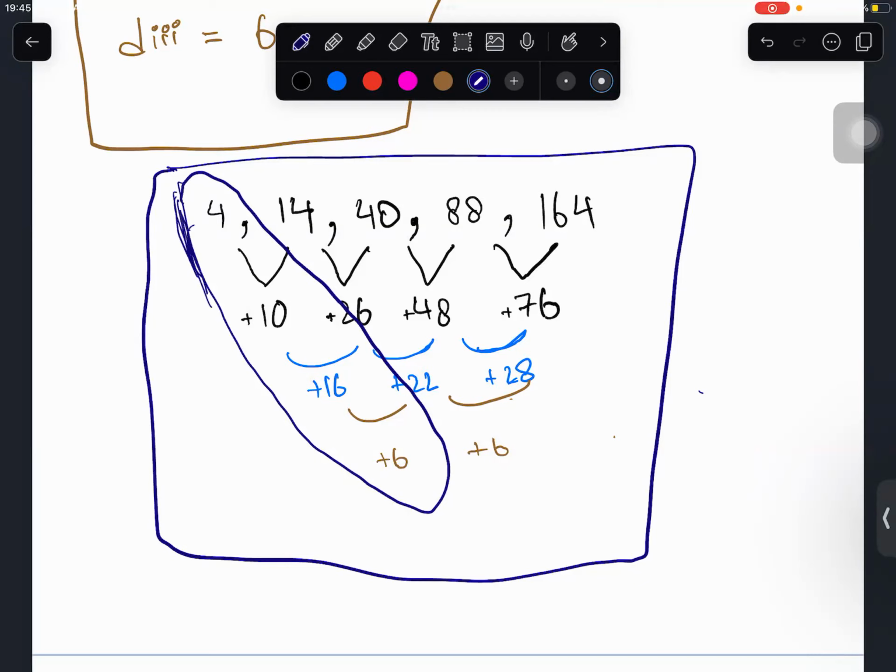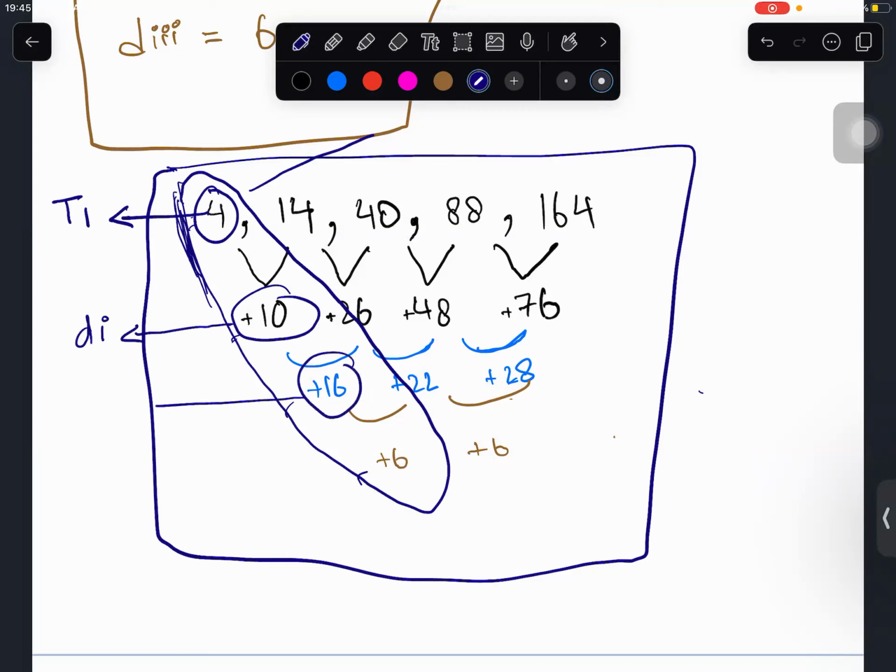You need to focus on this 4, this plus 10, this plus 16, and this plus 6. Now, this 4 is your D1. This plus 10 is D1. This plus 16 is your D2. And this last common difference is your D3.